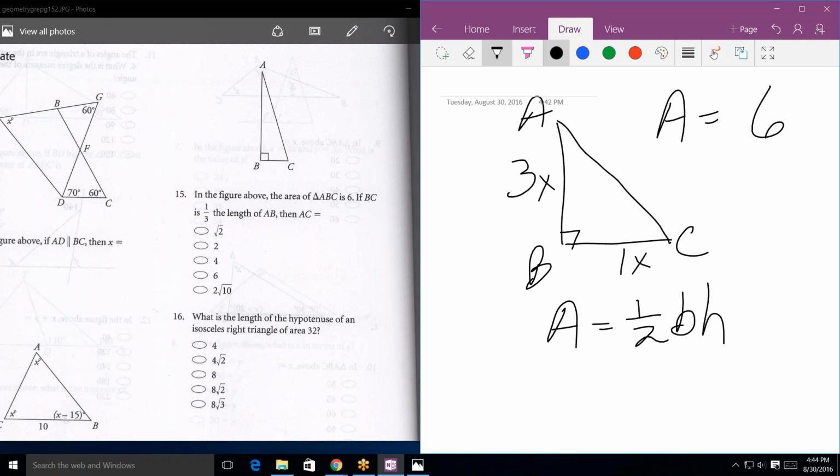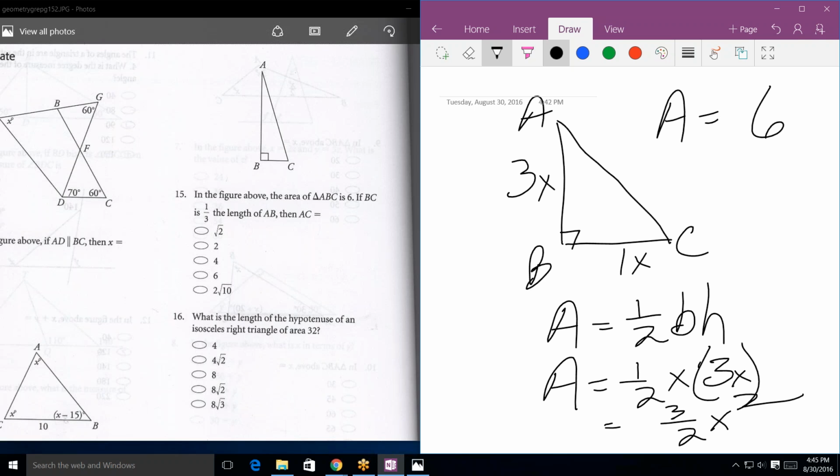When it says that BC is 1/3 the length of AB, I can introduce a variable and say it's 1x, and that's 3x. Now, area equals 1/2 times x times 3x. Well, that's equal to 3/2 x squared. And they're telling me it's equal to 6.